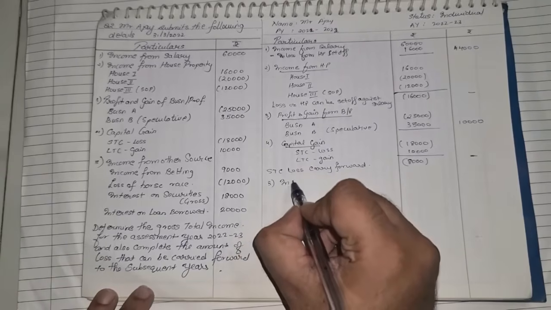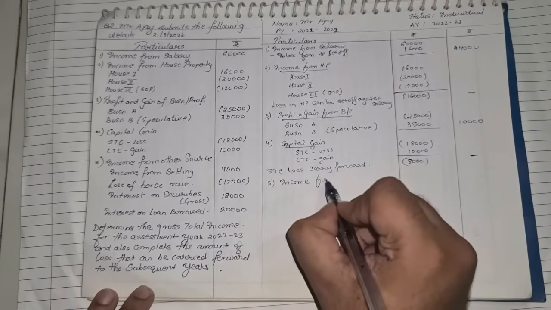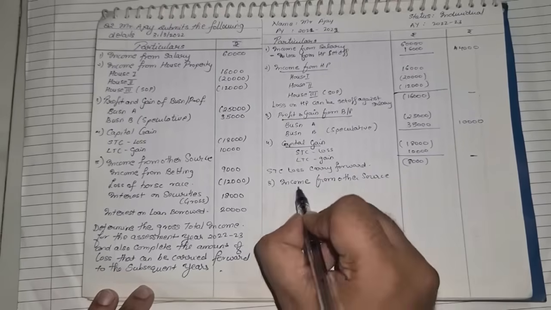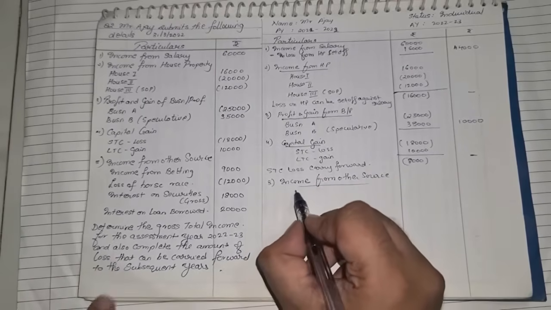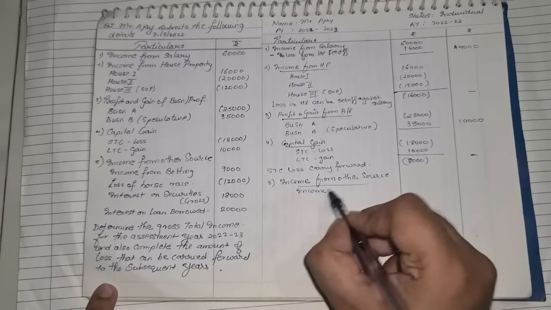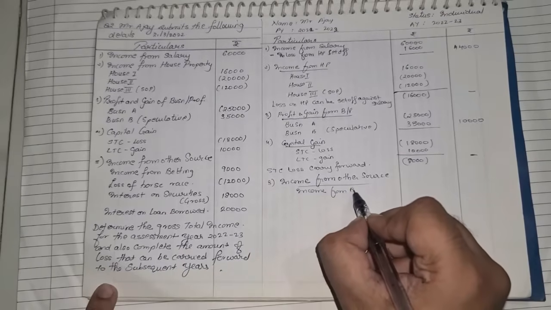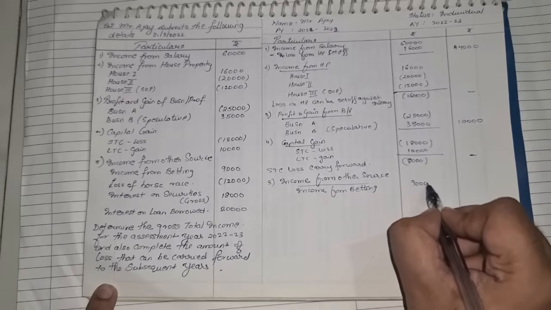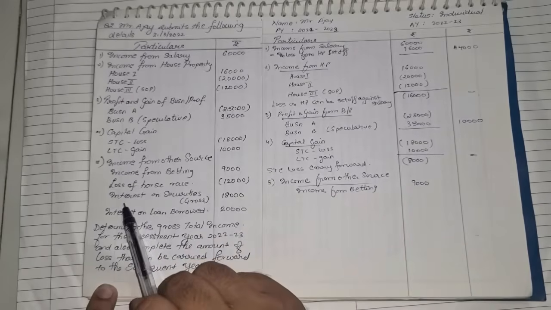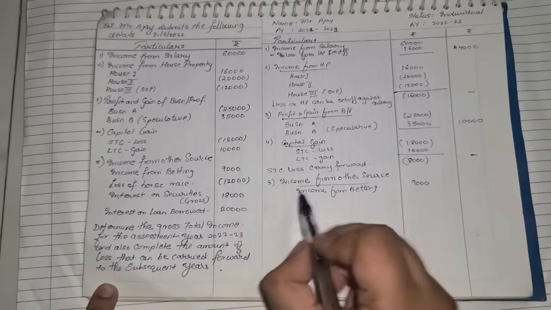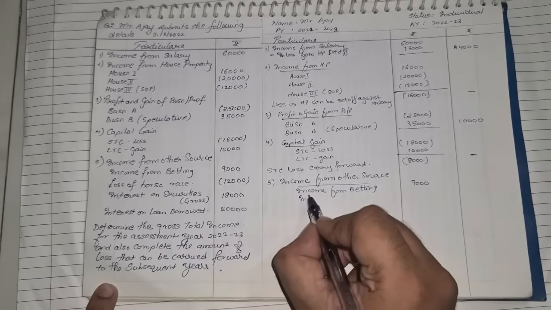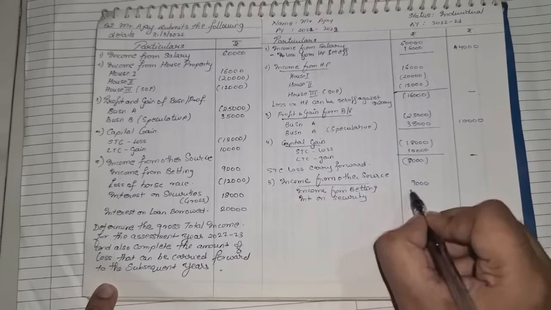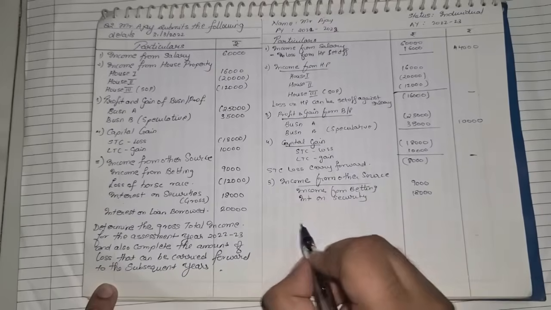Fifth is income from other source. Now under income from other source, we have income from betting, so that's an income. Now since there are a lot of other sources, I'll write this in the inner column. Interest on securities gross, so that's again an income, which is 18,000.